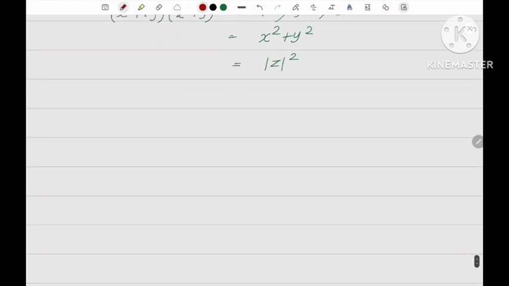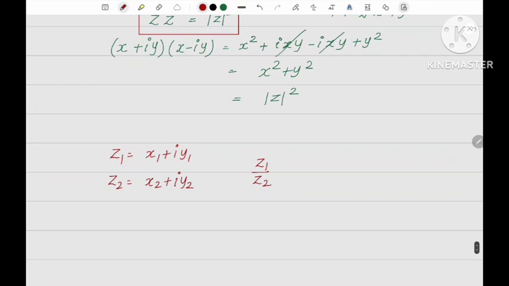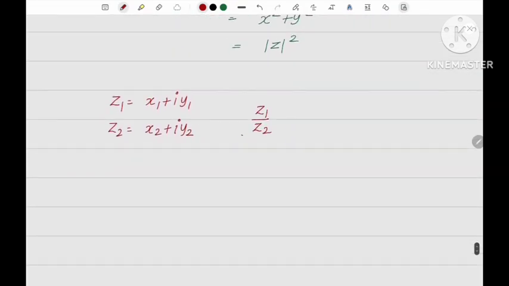So I am coming back to division. z1 is equal to x1 plus iy1, and z2 is equal to x2 plus iy2, and I want to find out what z1 by z2 is. This is the goal of this exercise, to find the division. So I will do it here: x1 plus iy1 divided by x2 plus iy2.